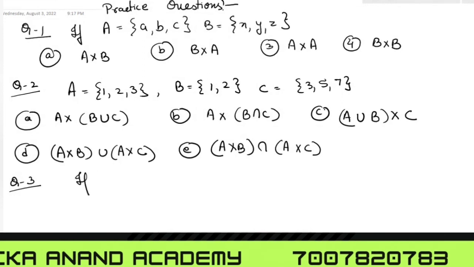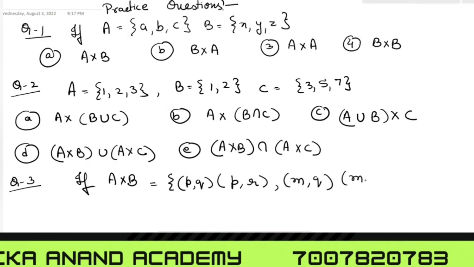Now, if A cross B is equal to P, Q, P, R, M, Q, M, R. Find set A and set B.